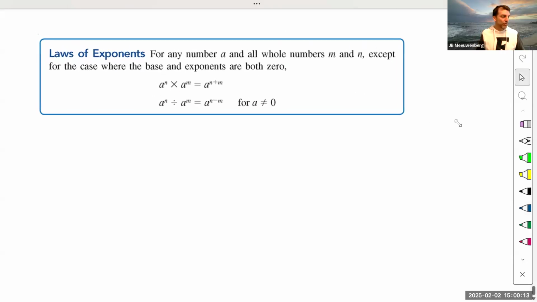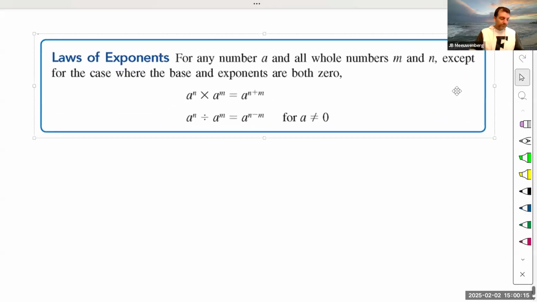So let's explore this formal definition. For any number A, all whole numbers m and n, except for the case where the base and exponents are both 0. So if they're both 0, we're not considering that. Let's first take a look at this top one. A to the n times a to the m is equal to a to the n plus m. Let me write that bigger.